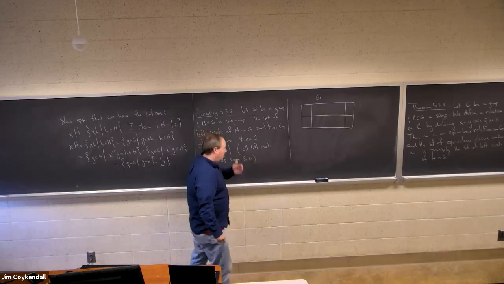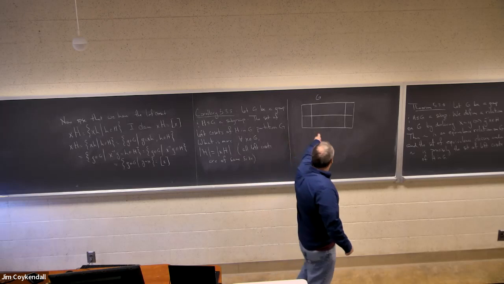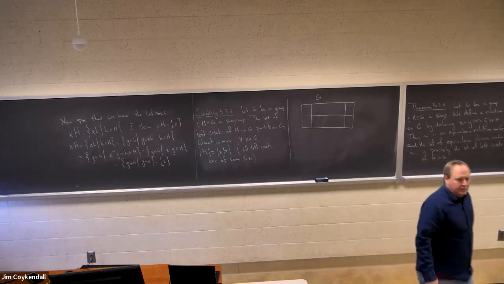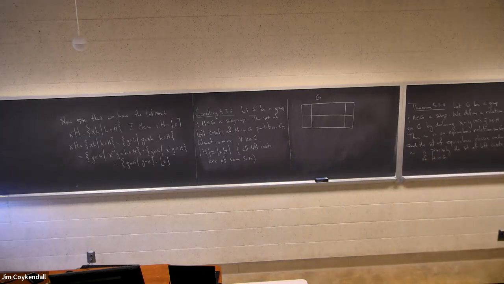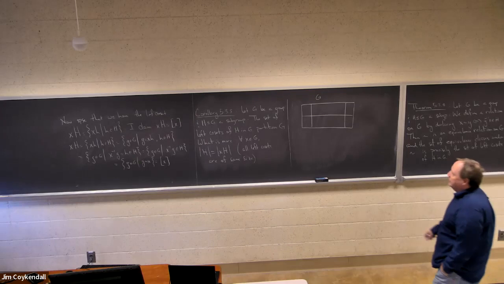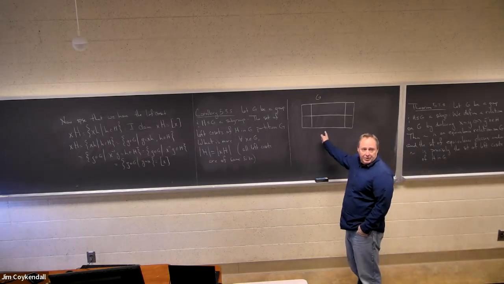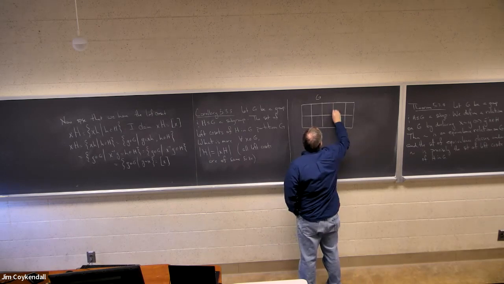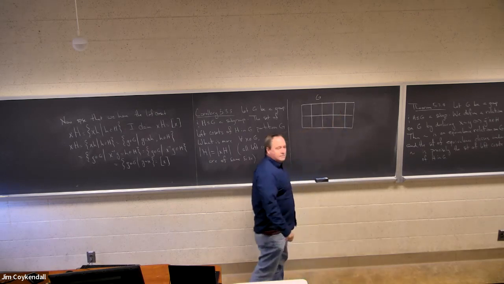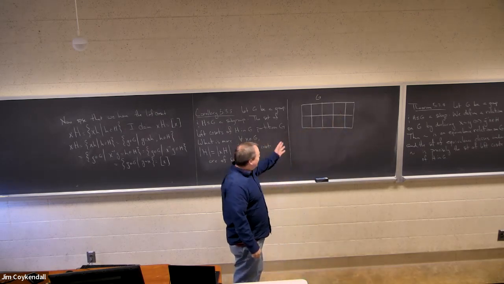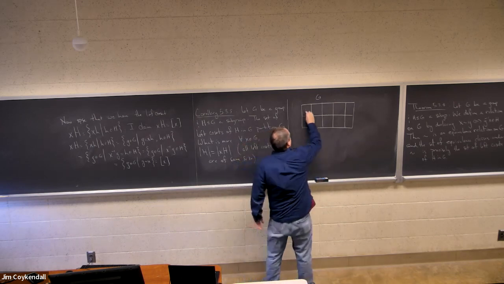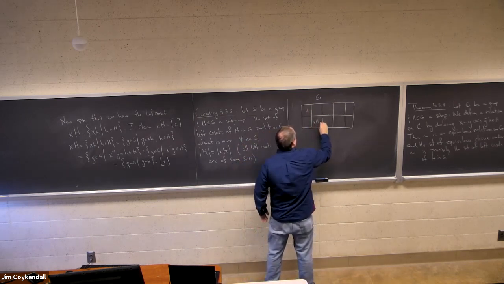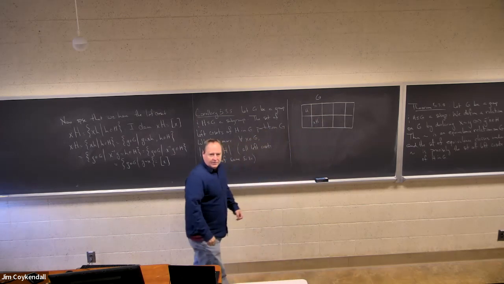Notice how the way I've drawn this initially, I couldn't assume until this point that all my left cosets are the same size, but they are. So not only does this break G up into puzzle pieces, but they're all the same size. So a more accurate picture might be something like this, where all the left cosets actually are the same size. Maybe this one is H, and this is XH, like this.